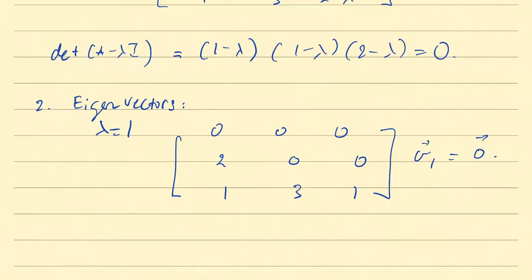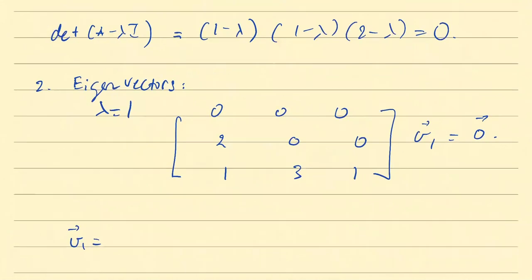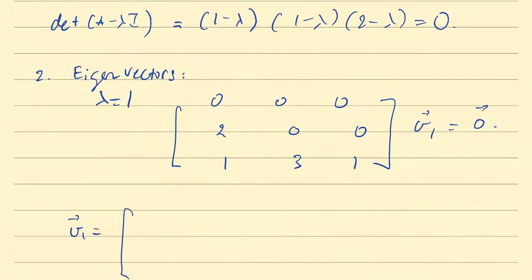And what is that eigenvector? Anyone care to guess? 0, minus 1, 3 works. And why do we see that?